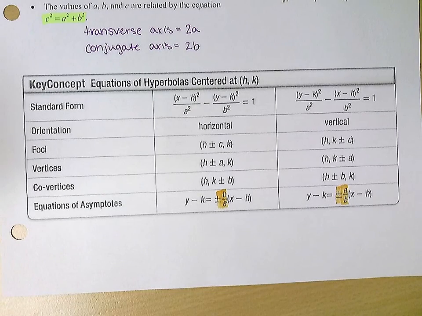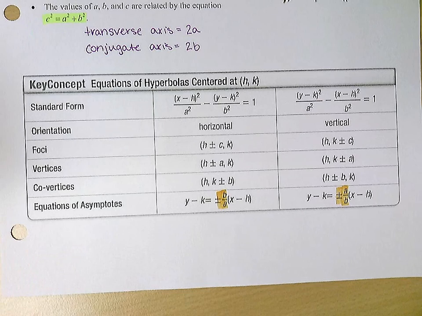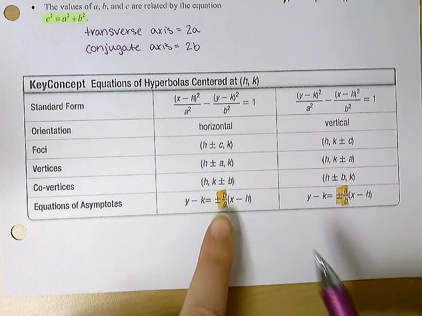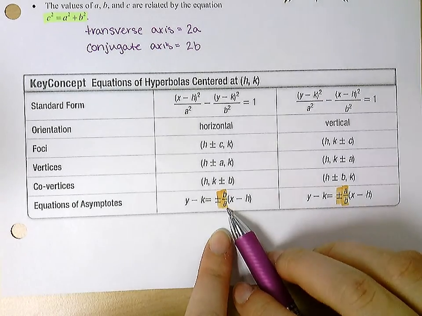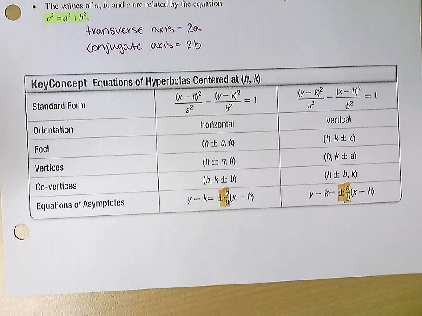You can use the slope of your asymptotes to find A or B, because that slope is plus or minus B over A, or plus or minus A over B. So you can always use that to solve for A or B. Questions before we do a couple examples?